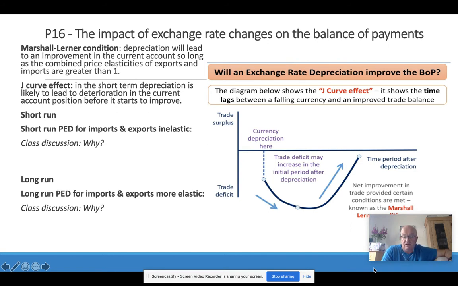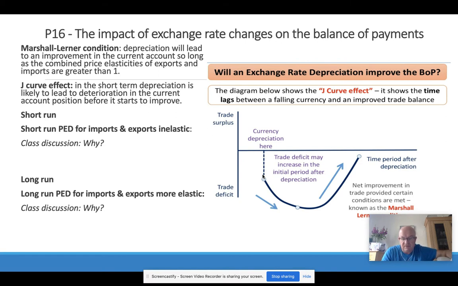Okay, so if we take a look at the diagram where we've got trade surplus, trade deficit, we've got a currency appreciation happening here. If you just follow my cursor, so trade surplus, trade deficit, we actually start the currency depreciation at this point, and in the first instance, that clearly is going to cause the deficit to increase in the initial period after depreciation, because obviously the value of our currency has fallen, but certain contracts, etc., won't be able to change.